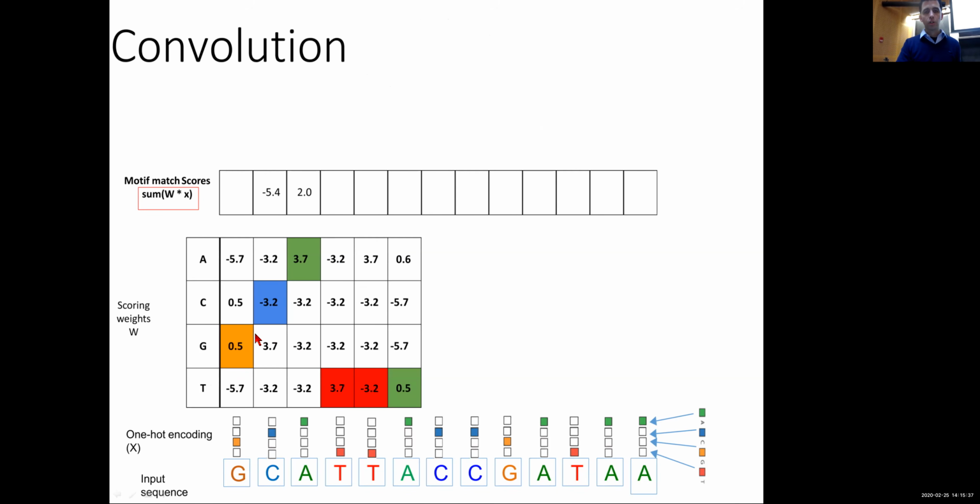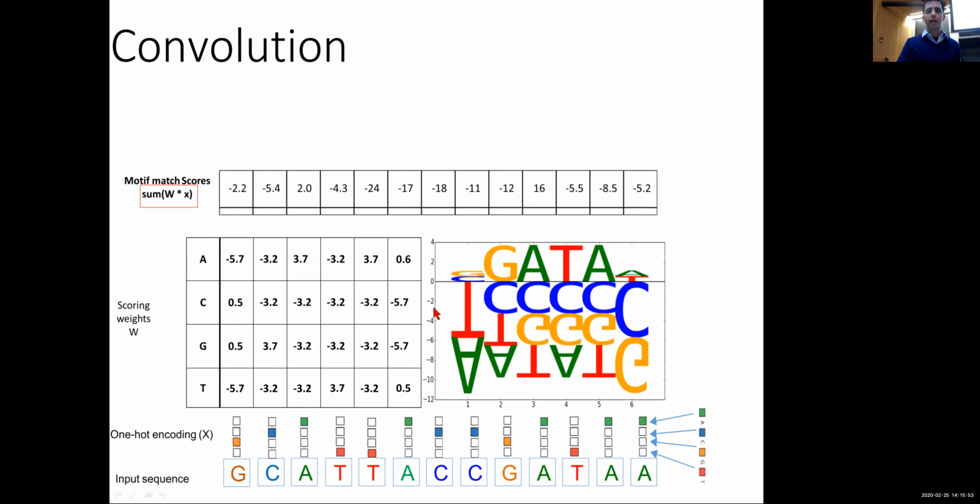At the second location, I'm now doing a little better. So basically here, I have G, C, A, and so on and so forth. It's not quite GATA, but it's a little closer, and I can get a slightly better score.